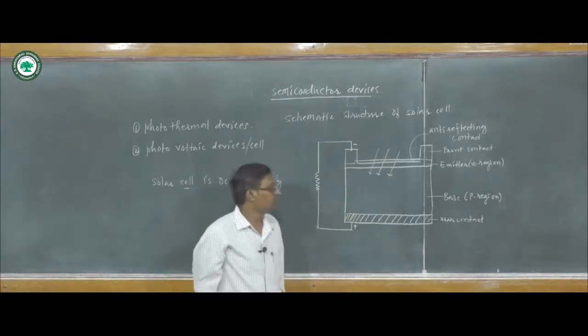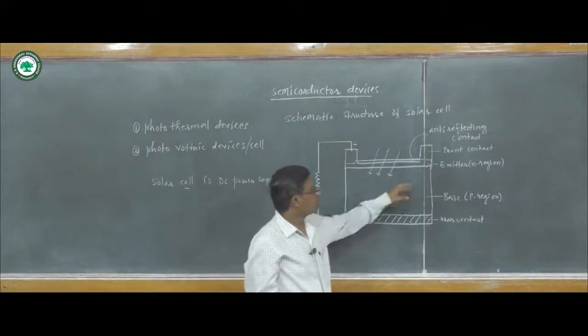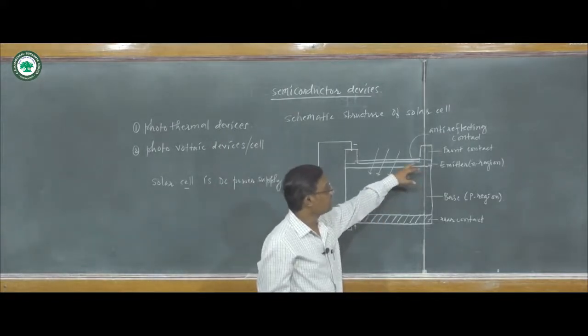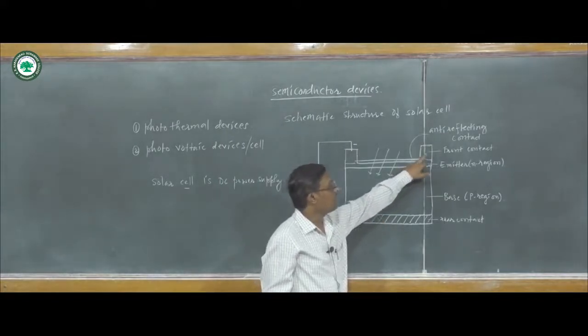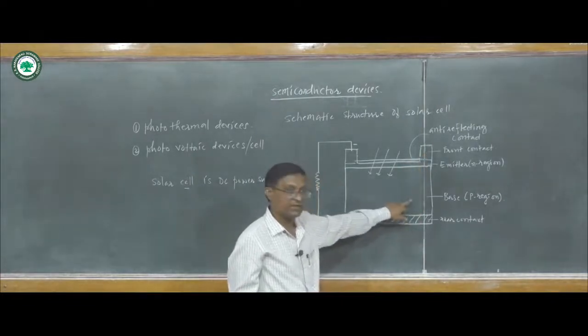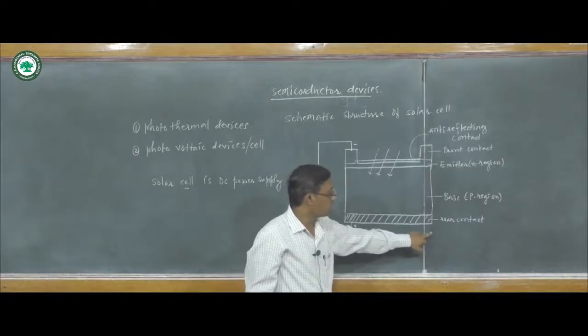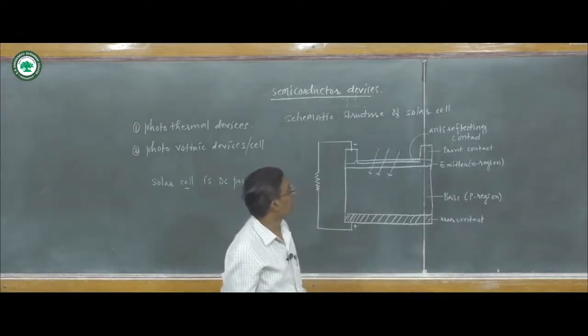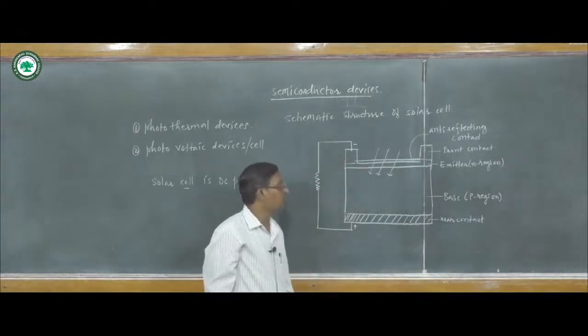The N region is called the front contact, and the base region, which is the P region, is called the rear contact of this solar cell.